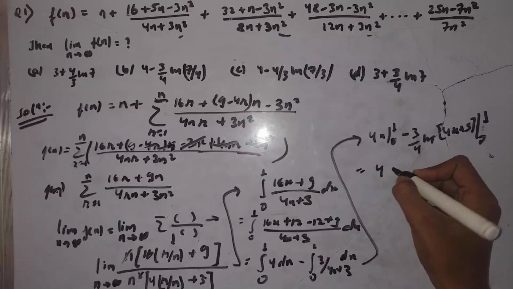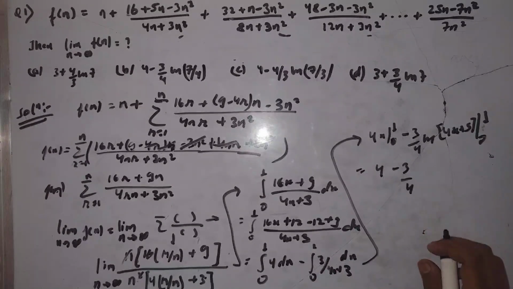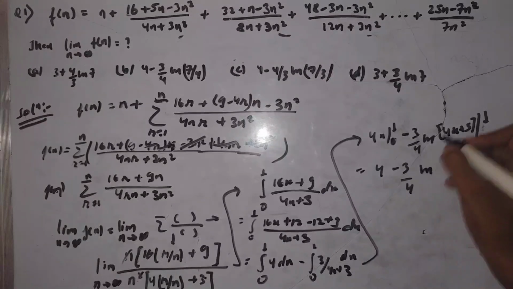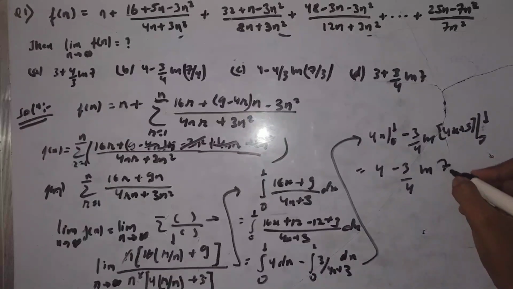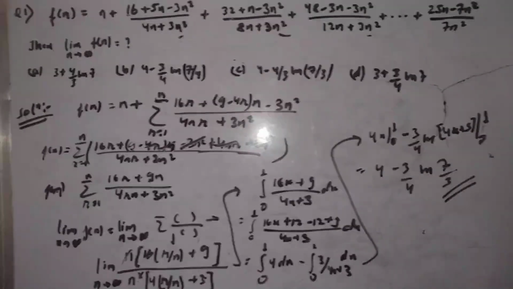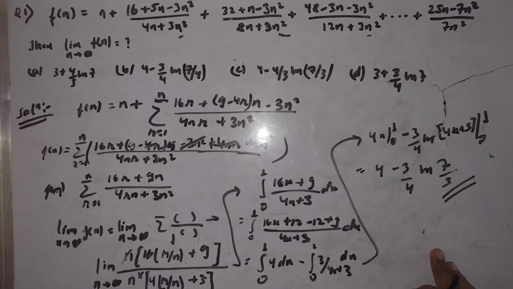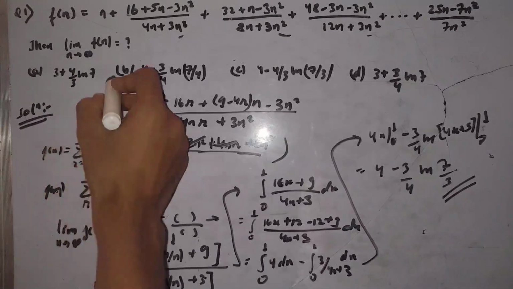So this becomes 4 minus 3 by 4 ln, we put the limits, so this becomes 7 by 3. So that's our answer, and from this we can see that option B is the answer.